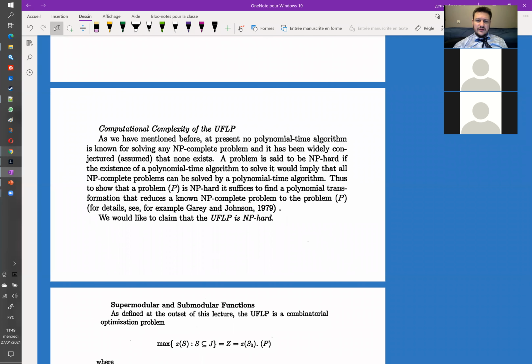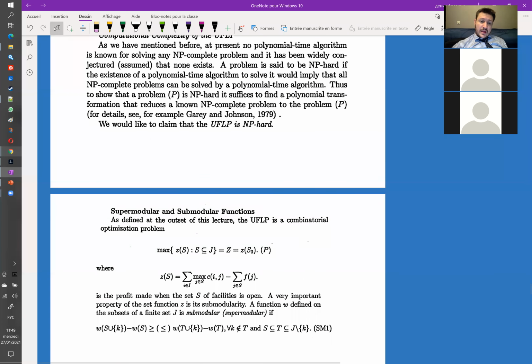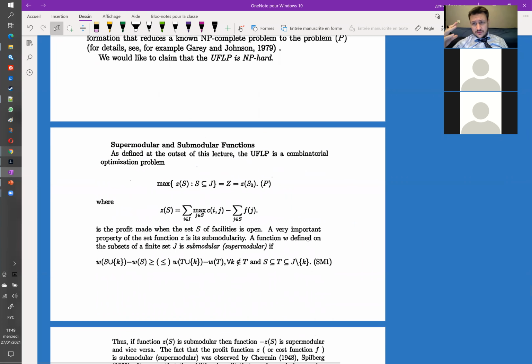There is such a solution, like top of our discussion of such problems when we have supermodular and submodular function.